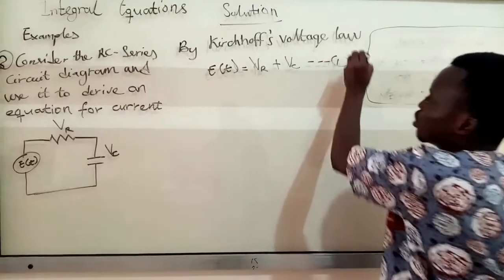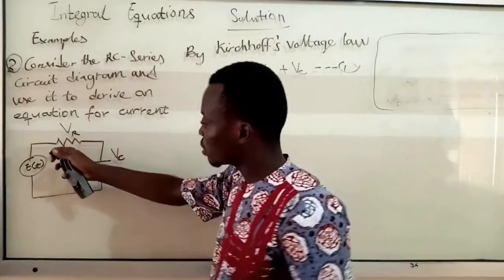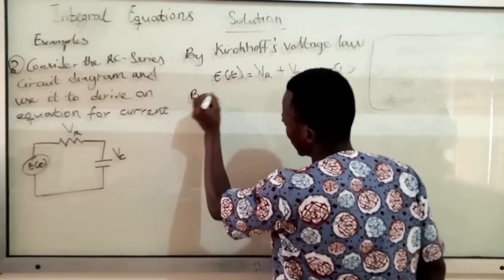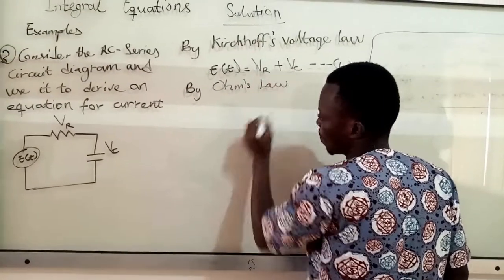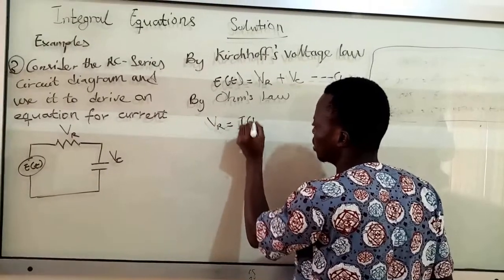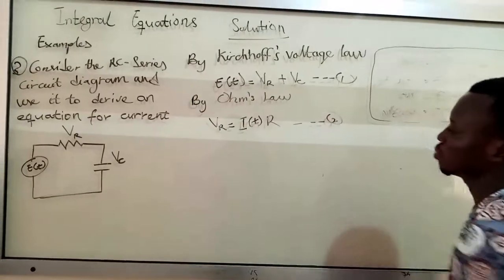Let's name it our equation 1. And then we come to the resistor, which is governed by Ohm's law. So by Ohm's law, we have our VR equal to I of t R. Let's name this equation 2.